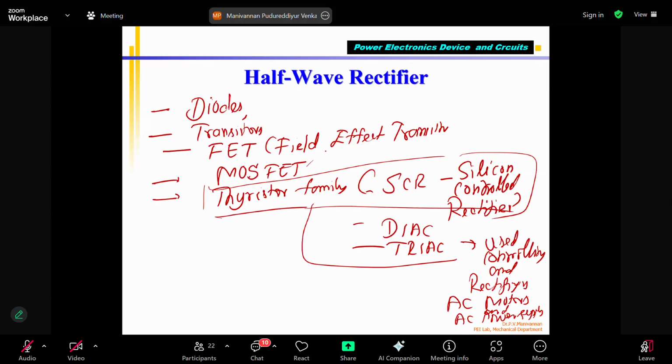Similarly, MOSFET. Now, I told you power electronics: all these devices fall into two categories. One is called small signal, the other is called power electronics. What differentiates them? Small signal means the bias voltage will generally be less. What is less voltage?